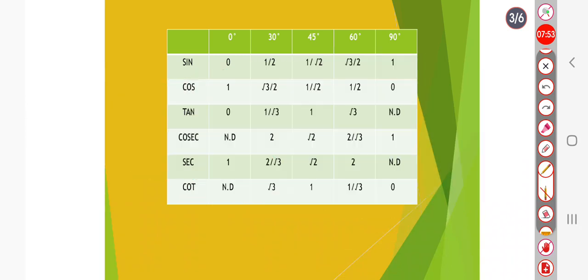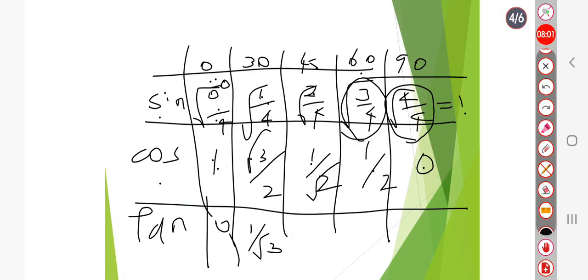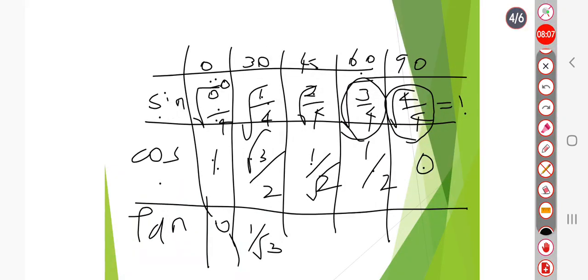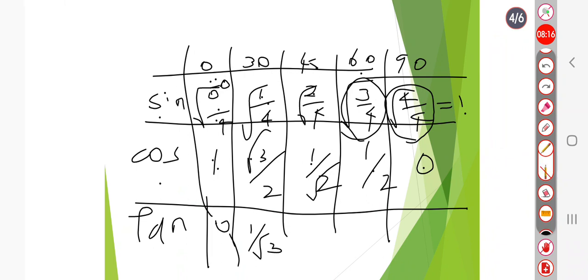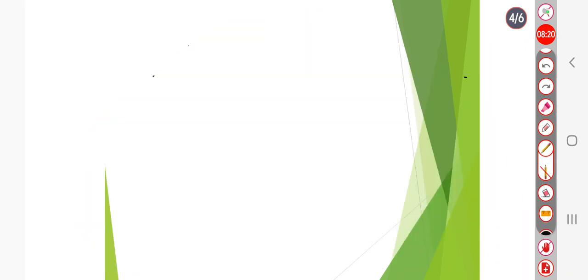The next half is much simpler, because say cosecant. Now we will see how to find the value of cosecant.